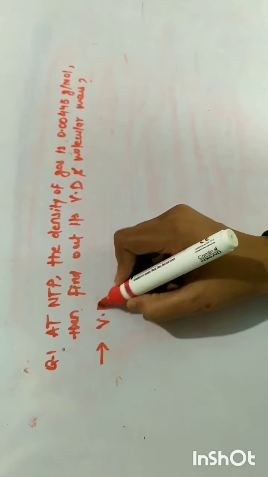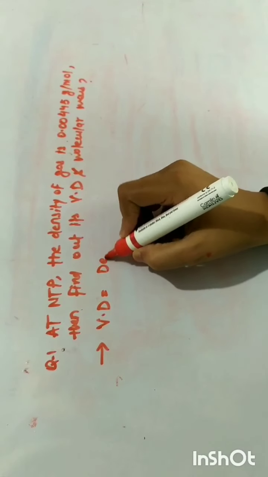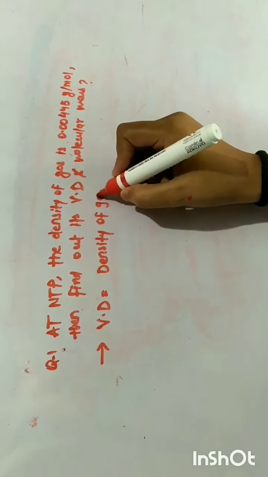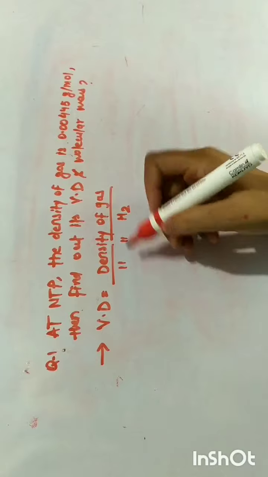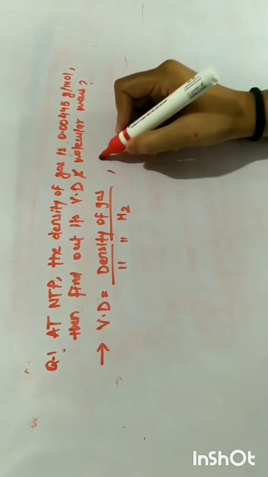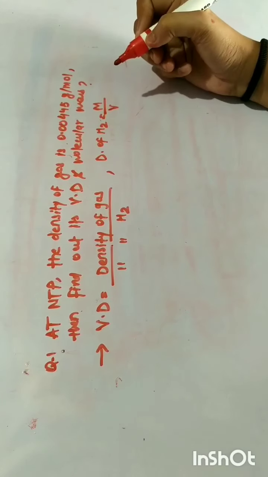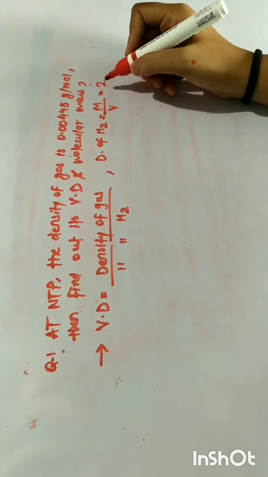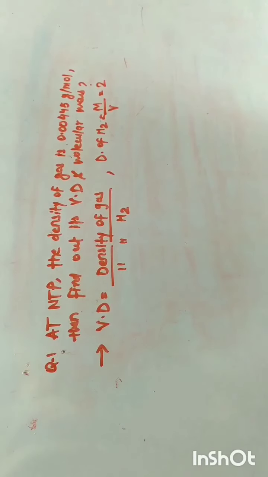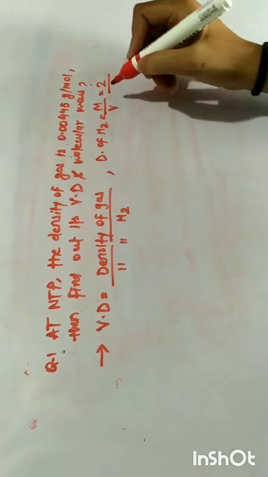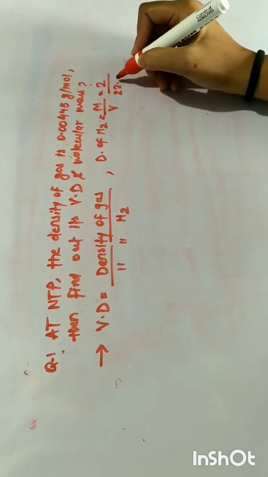So we know that vapor density is equal to density of gas by density of hydrogen. Density of gas is given, we have to calculate the density of hydrogen. So density of hydrogen is mass of hydrogen by volume of hydrogen. Mass of hydrogen is 2, for one atom of hydrogen the mass is 1, so for 2 the mass will be 2, and the volume is 22.4 liter.